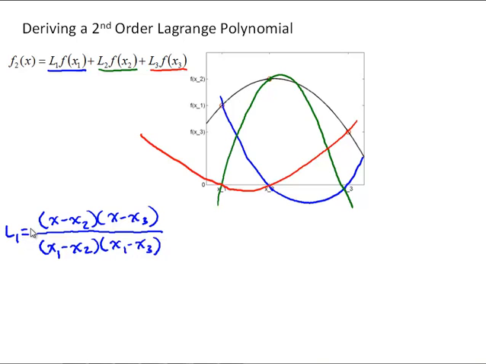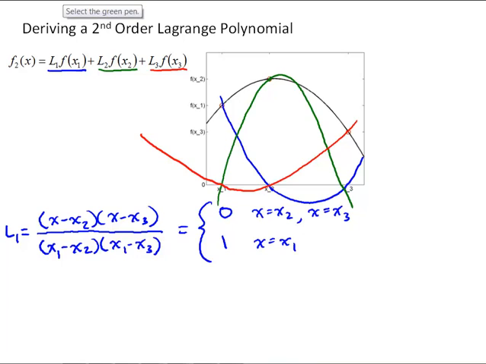So if we look at that weighting coefficient, L1, again, it's going to be equal to 0 where x equals x2 or x equals x3, and 1 where x equals x1. And then in between it'll have whatever value it takes depending on the value of x. We can do the same thing for L2.